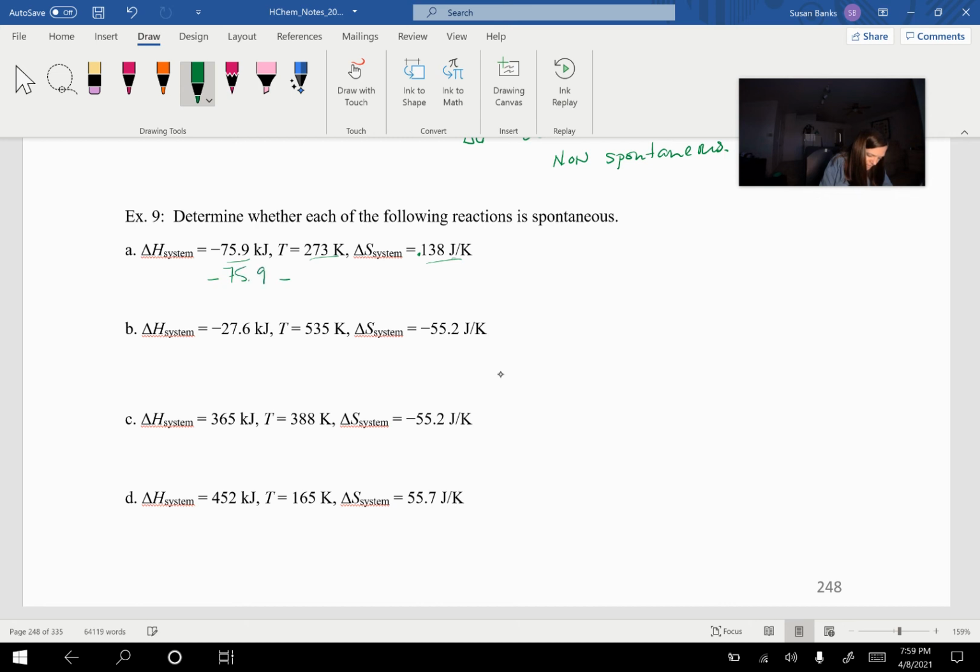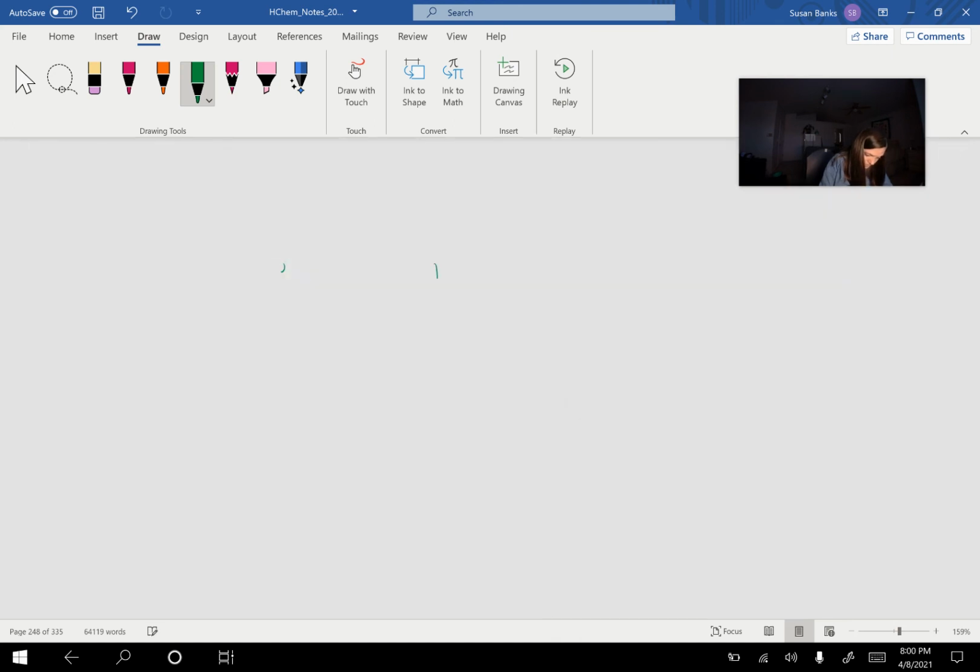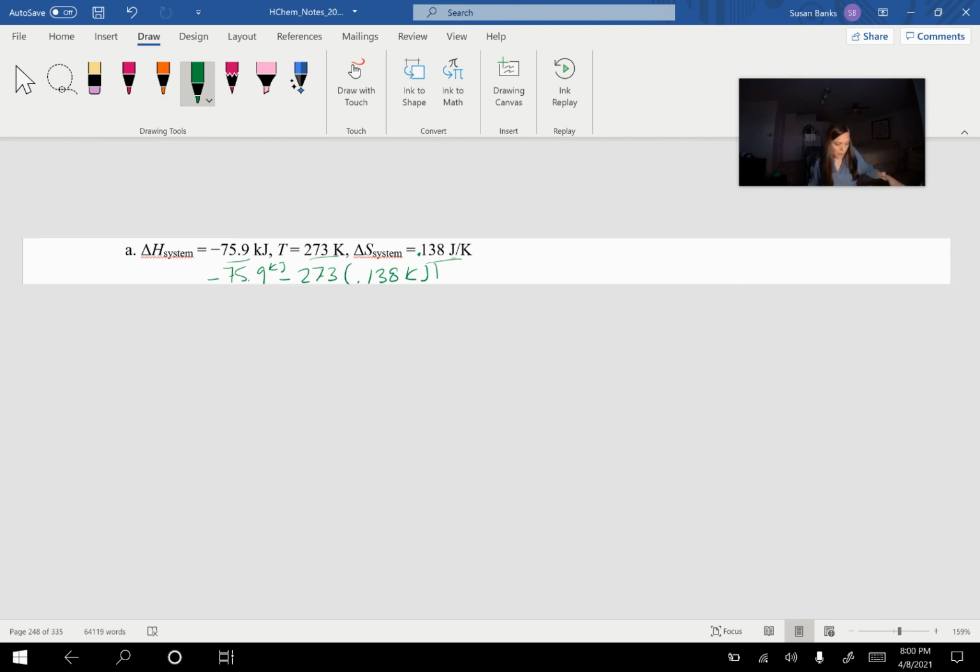So we have negative 75.9 minus 273 multiplied by 0.138. And this is kilojoules per Kelvin. This is kilojoules as well. Okay. All right.